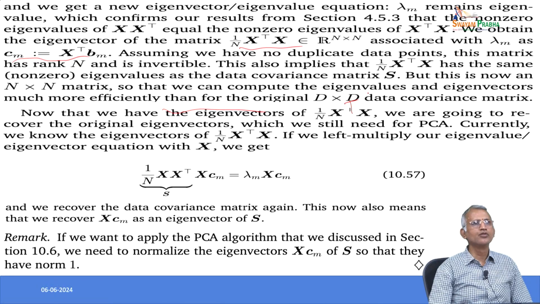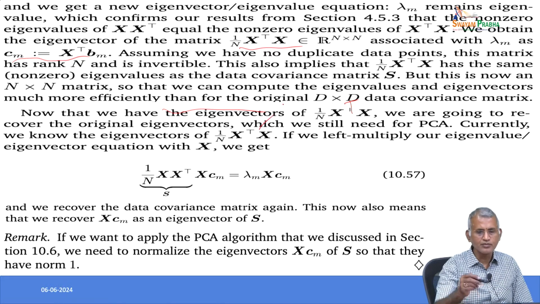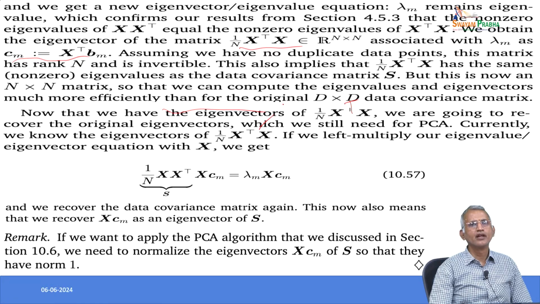So we are going to recover the original eigenvectors, which we still need for principal component analysis. Currently, we know the eigenvectors of (1/N) X^T X. If we left-multiply our eigenvalue-eigenvector equation with X, we get (1/N) X X^T X c_m, which is S, equal to lambda_m X c_m.